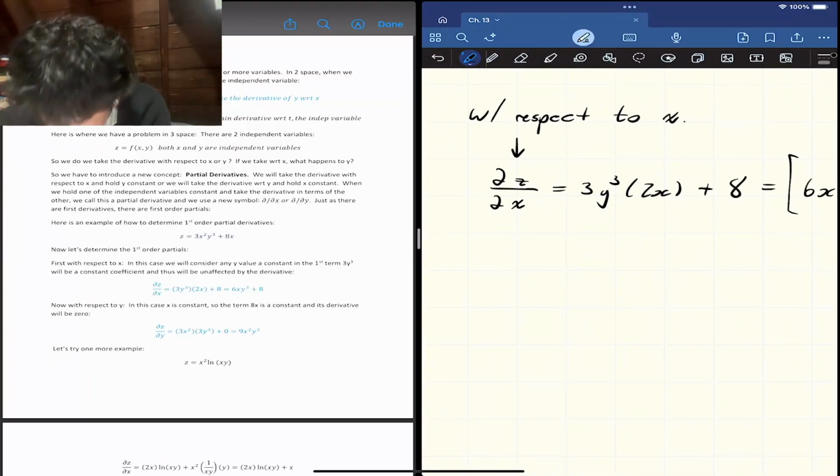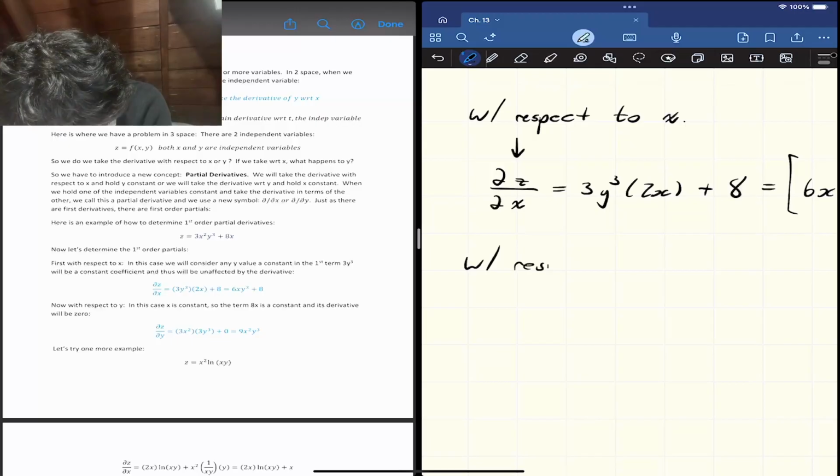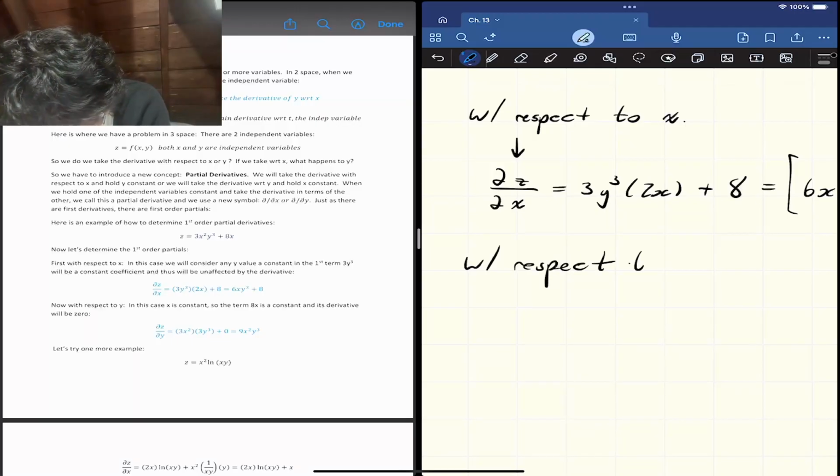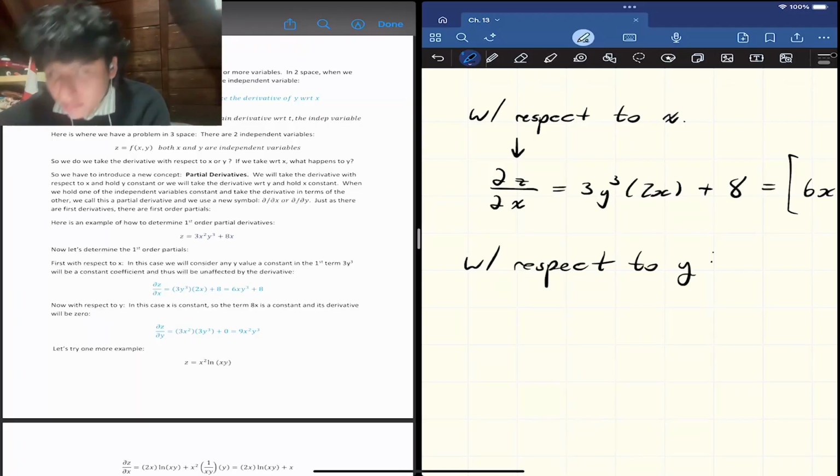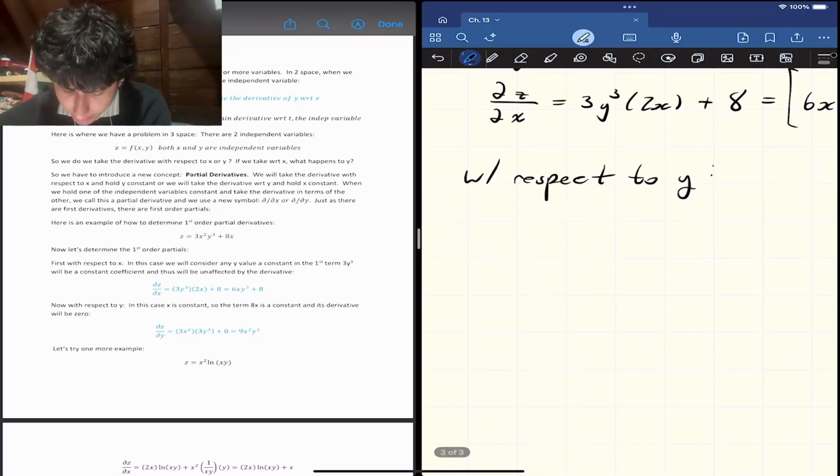And now we would do it with respect to y. So in this case, the x term would be constant.